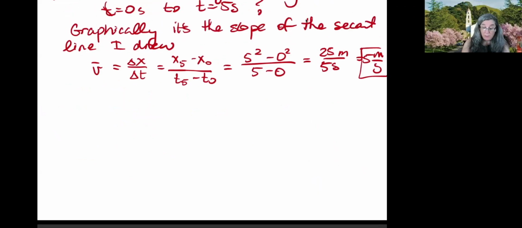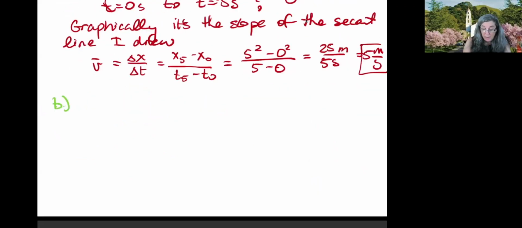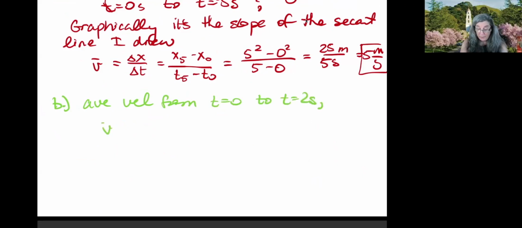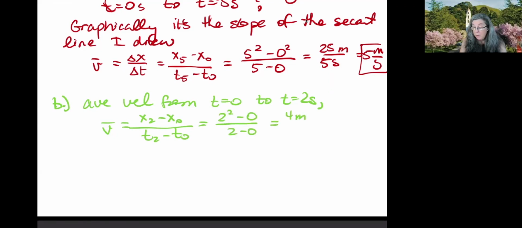So if we do B, average velocity from t equals 0 to t equals 2 seconds, x of 2 minus x of 0 over t of 2 minus t of 0, 2 squared minus 0 over 2 minus 0, you get 4 meters over 2 seconds, 2 meters per second.